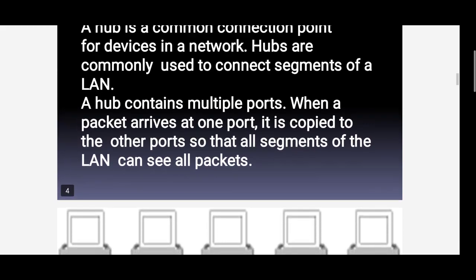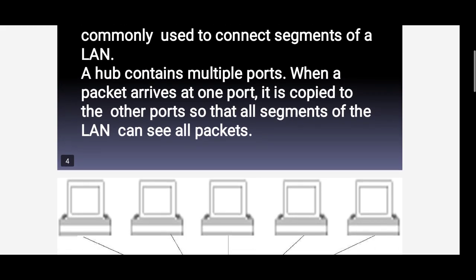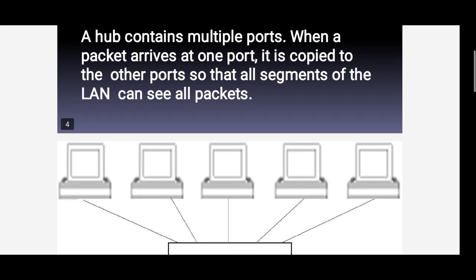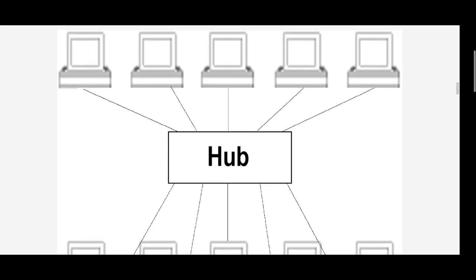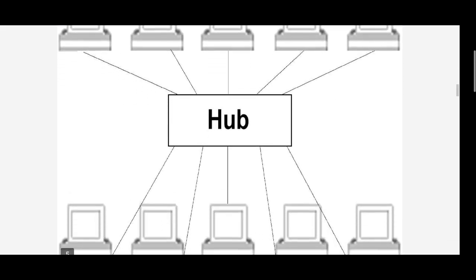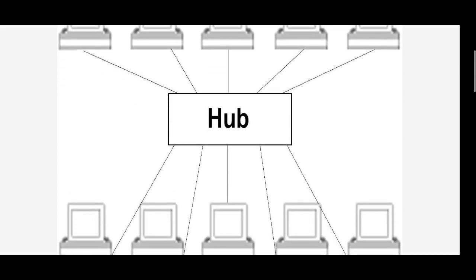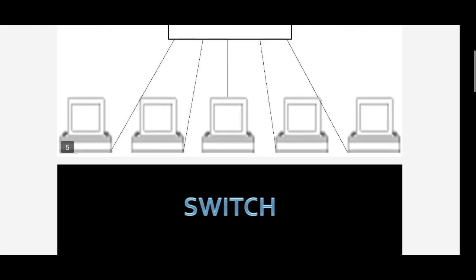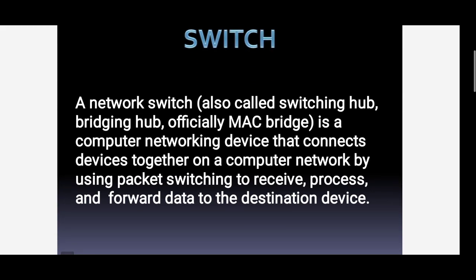The data packet arrives at one hub port, and the same data packet is copied to the other ports, to all the segments. This is the hub connected to the remaining devices.